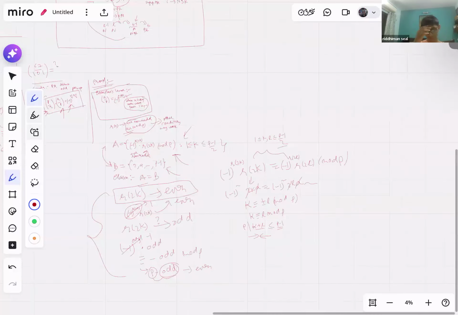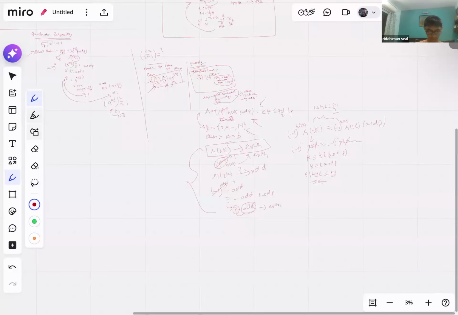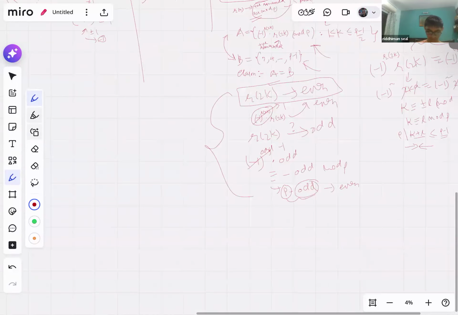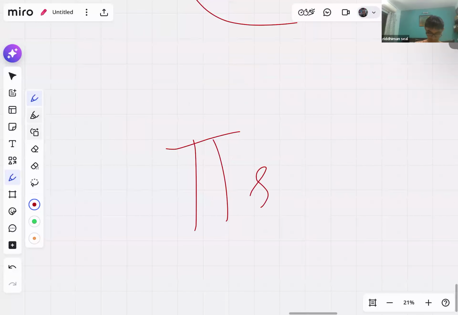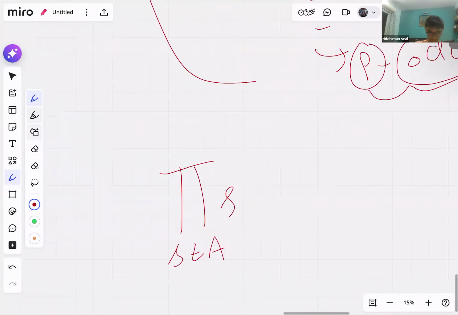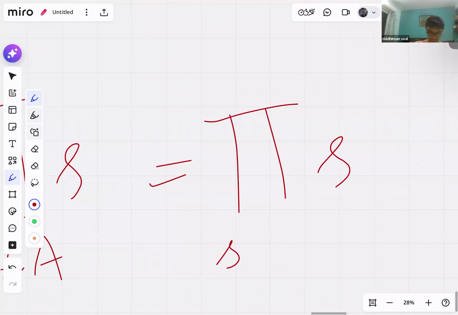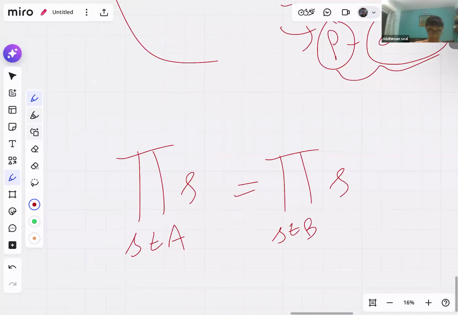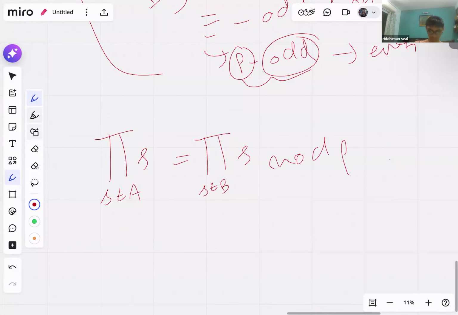Nice. So what do we do when we have equal sets? We just multiply, right? So we have the product of s in set A is equal to the product of s in set B, mod p.